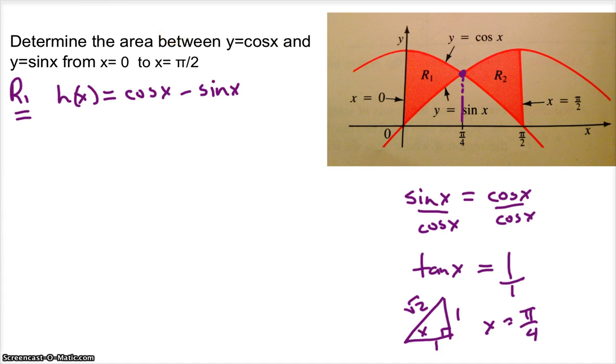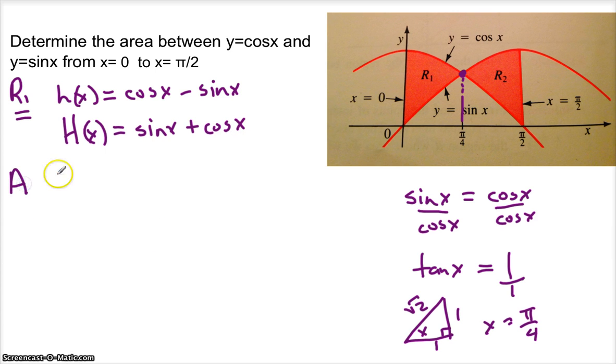So continuing back up here, we have h of x, the antiderivative of cos x is sine x. The antiderivative of sine x is negative cos x, but we're subtracting here, so we have plus cos x.